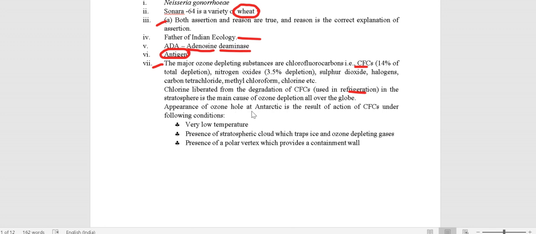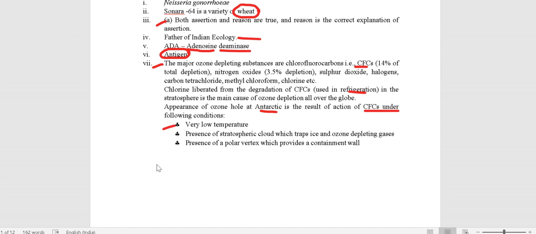So the appearance of the ozone hole mainly over the Antarctic is the result of the action of CFCs. The main agent depleting the ozone layer is CFCs. And under the following conditions, which make it favorable for depleting the ozone layer: very low temperature.